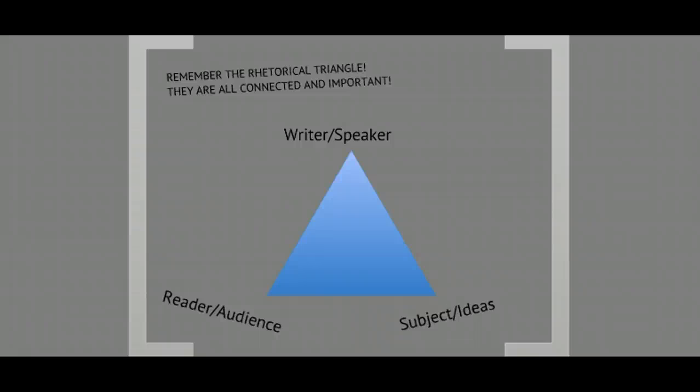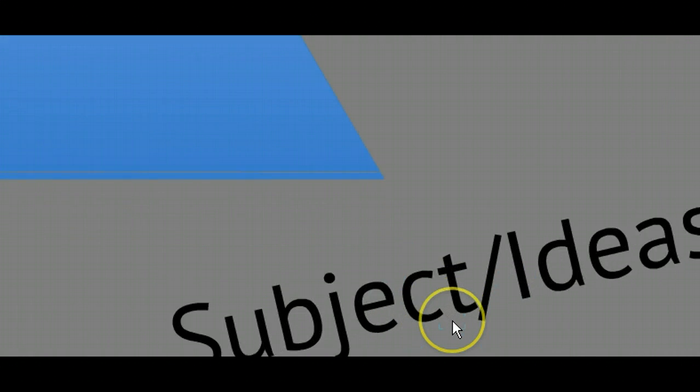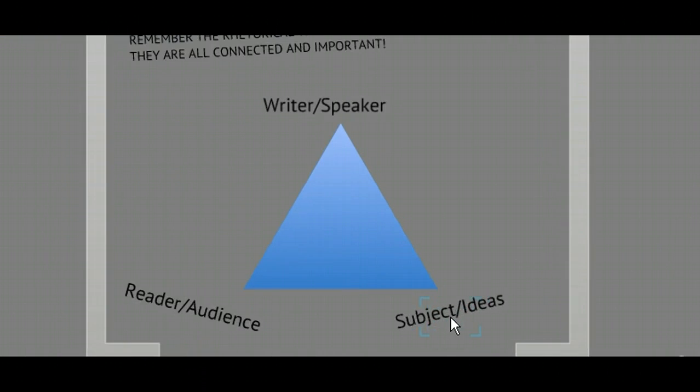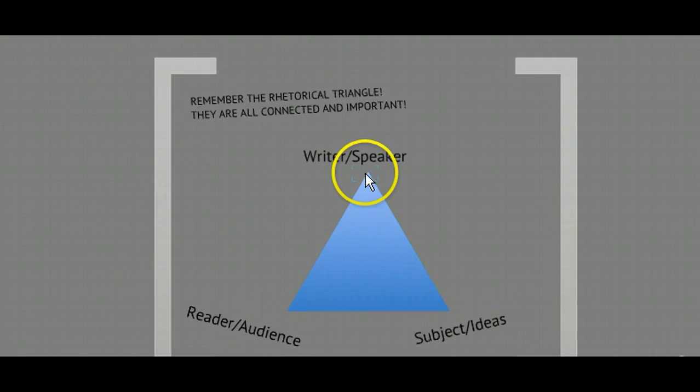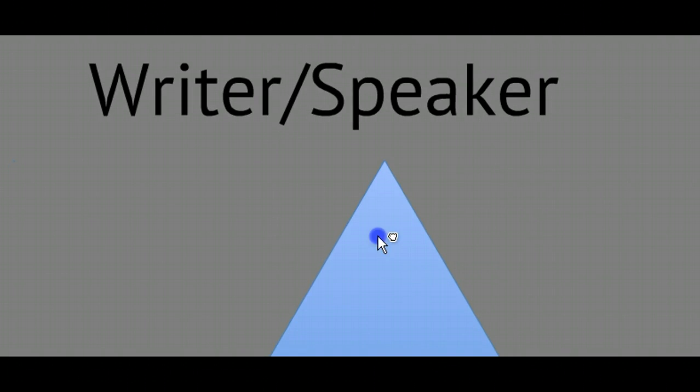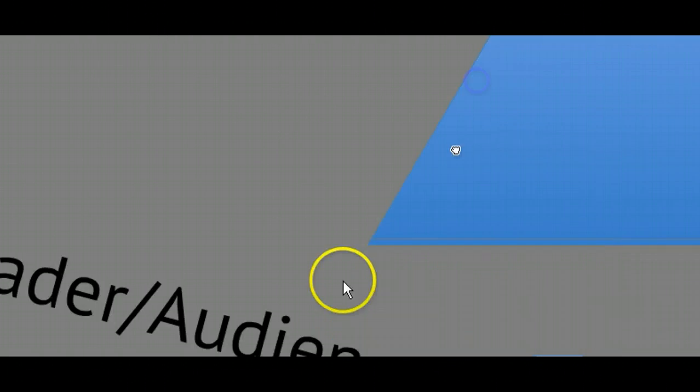A lot of times when we've asked you in the past in your English classes to analyze something, a lot of times you focus on analyzing the subject or ideas that we're talking about. And the rhetorical analysis is very different because we want you to focus on analyzing instead the choices the writer or speaker is making, the strategies they're using, and then what effect that has on the reader or audience.